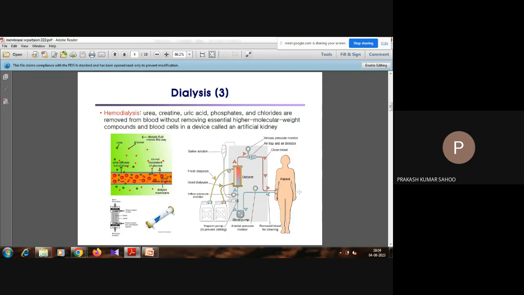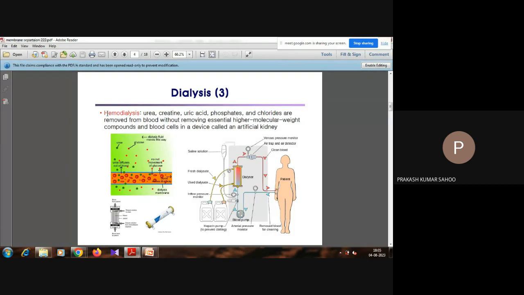And also the dialysis process is very much used in the medical field, that is in health treatment. This is a unique method of separation of urea, creatinine, uric acid, phosphates.